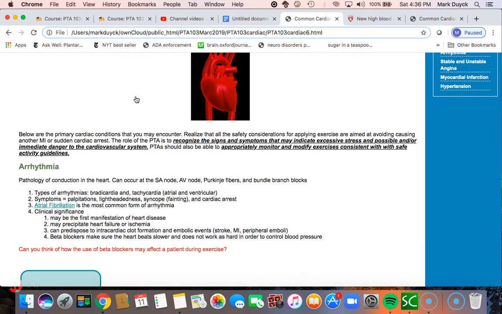Knowing these heart conditions is really important, and being able to adjust your treatments based on patient presentation and how these different health conditions and impairments are affecting their ability to tolerate exercise or activity. So, really knowing these specific terms, such as, what is atrial fibrillation?